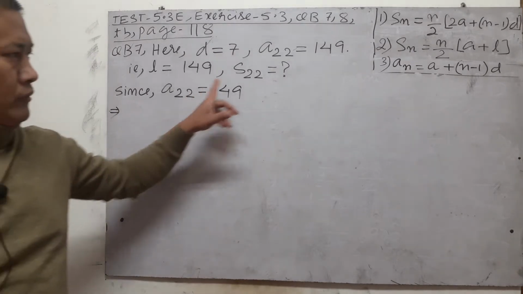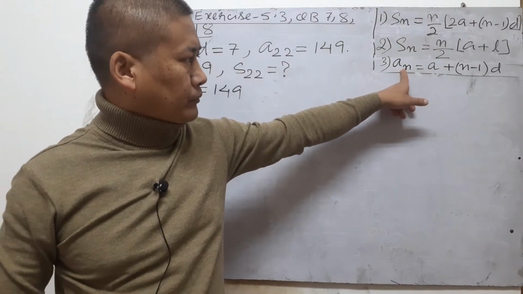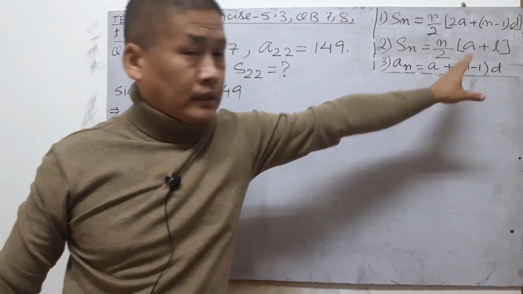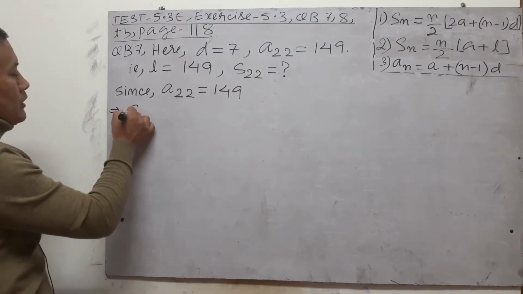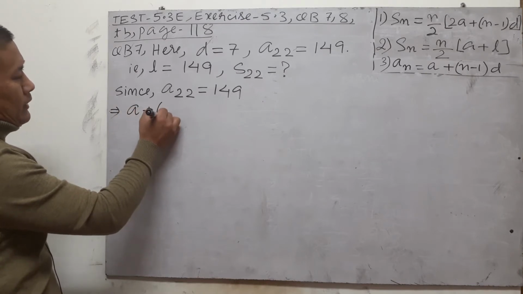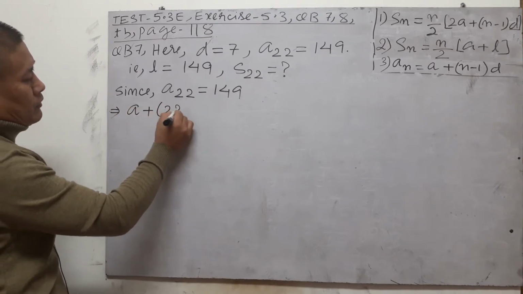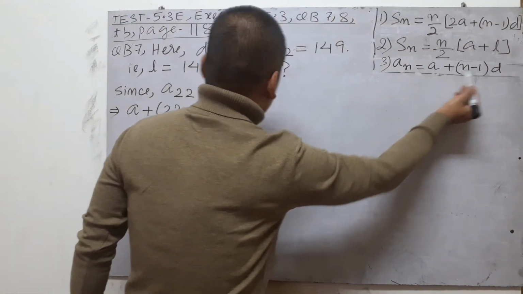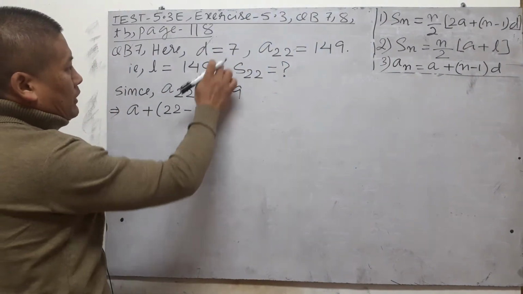So A22, by applying this formula AN will be A plus N minus 1 into D, as you can see in the formula. So I'll just write here A plus N, and the specific N here is 22. So N minus 1 into D, and we have the D here.